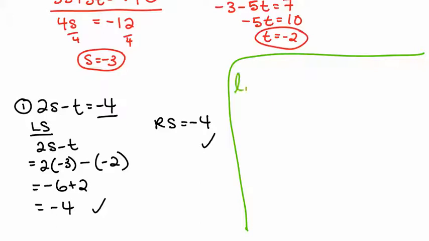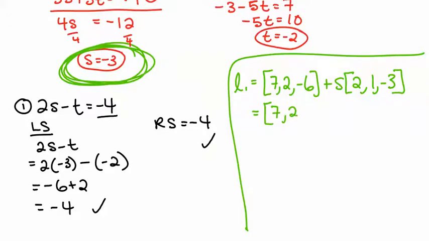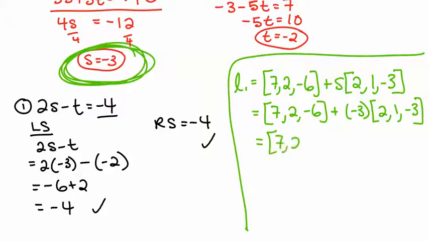So line 1 was (7, 2, -6) plus s times (2, 1, -3). And since I just proved that s equals negative 3, I'm just going to sub that in. So (7, 2, -6) plus negative 3 times (2, 1, -3).